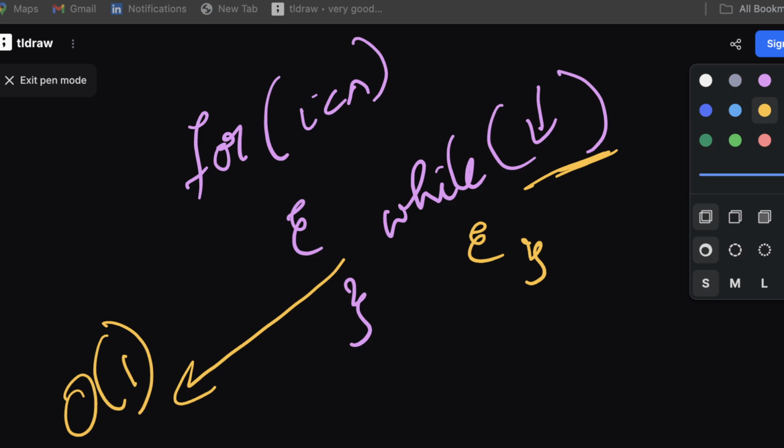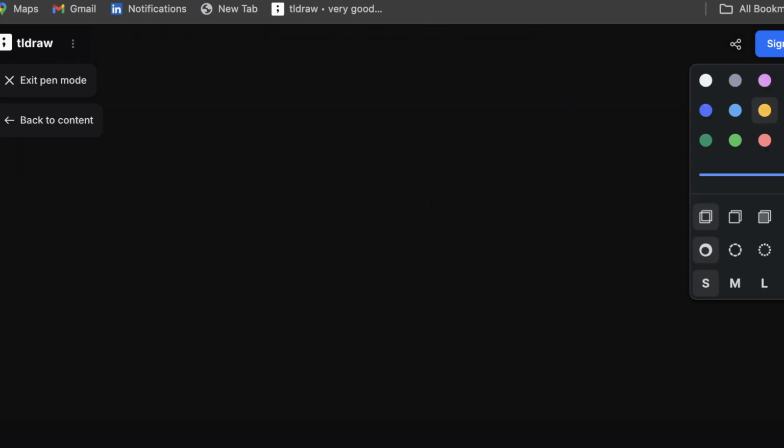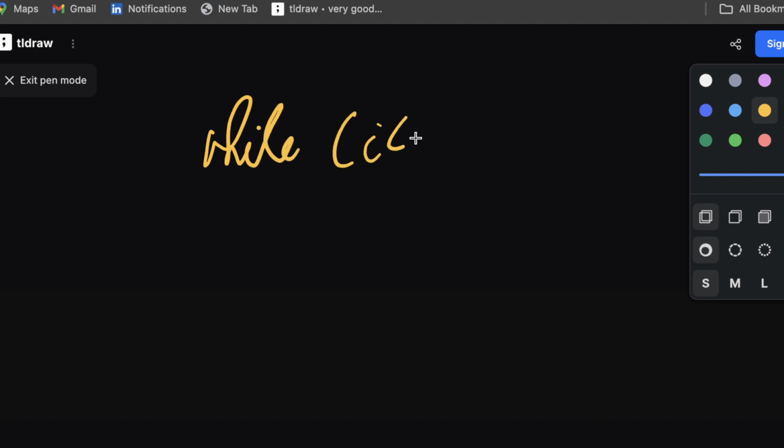The outer is going to run, one intuition of that is when I'm halving. And the other one is, suppose I have this condition while, and then I'm incrementing in multiples of 3.